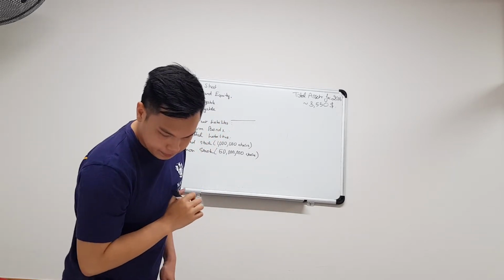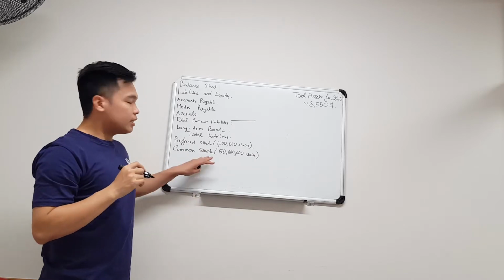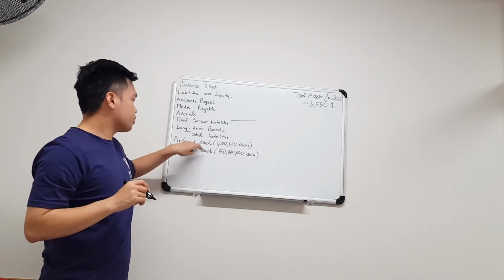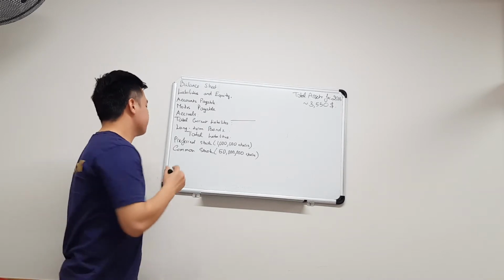In equity we have preferred stock, common stock, and we also have retained earnings.